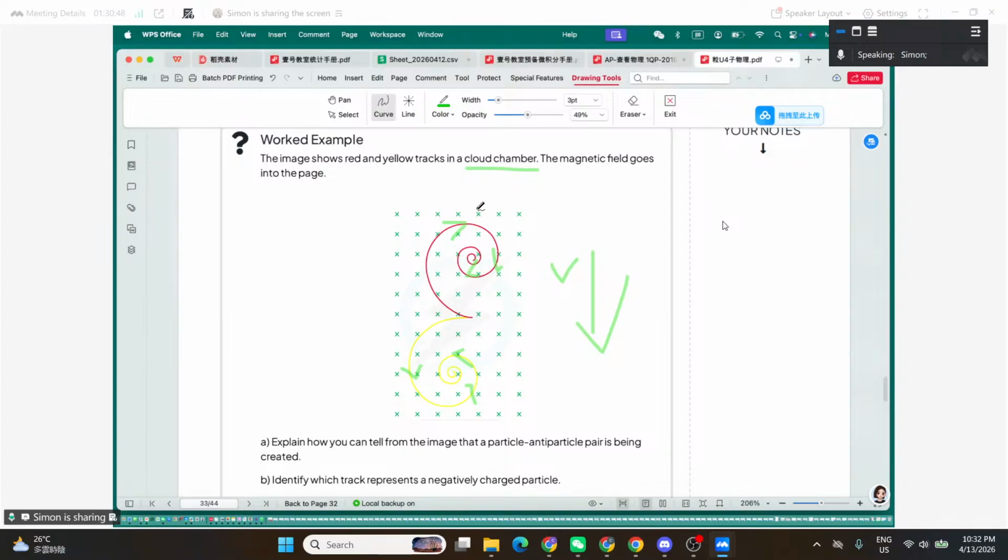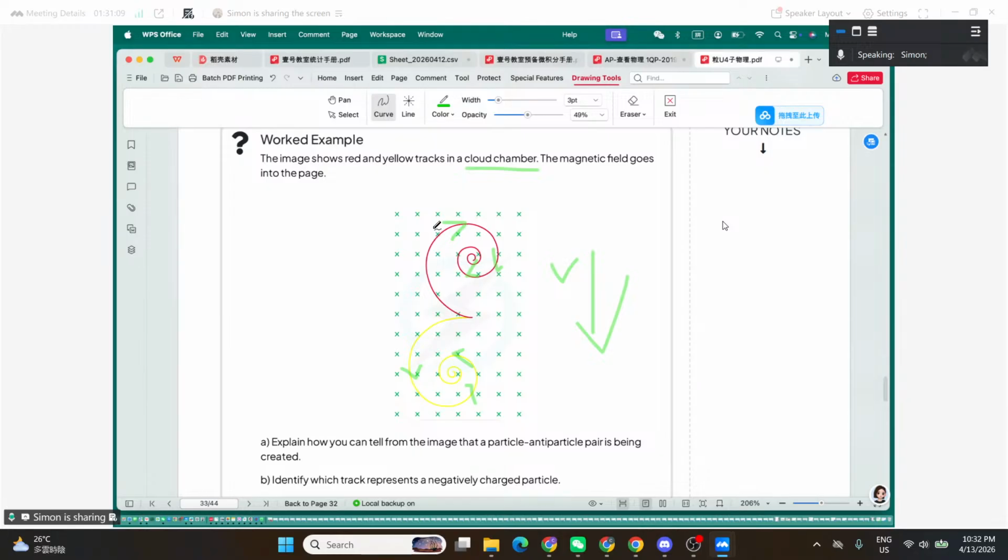So the object will go this way. According to Fleming's left hand rule, we can distinguish the charge. So is the red one positive or negative? Think about it.